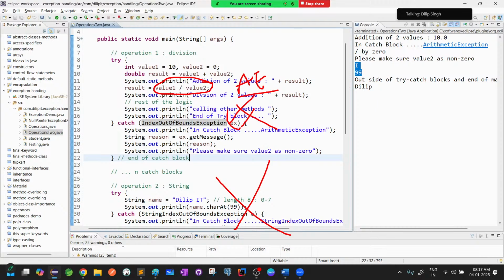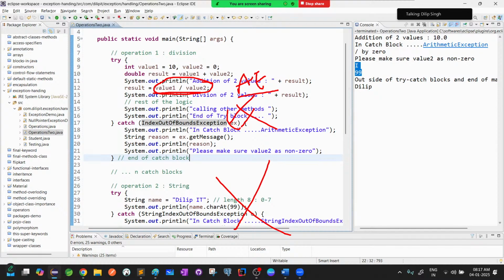So what is the key point you have to remember here? As a developer, we have to make sure an associated exception catch block is always available. Otherwise, you are making the logic such that you are not handling the exception. In this case, no matching catch block is found, so JVM feels like this guy did not handle the arithmetic exception associated to this try block.